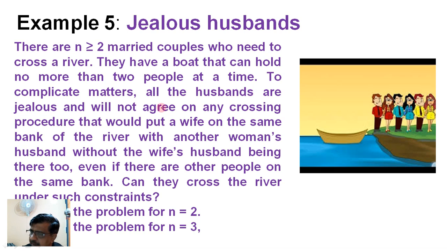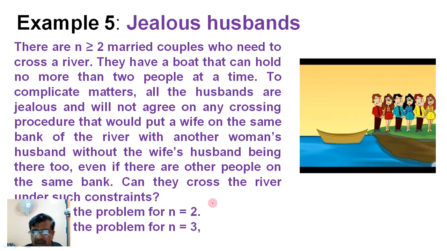To complicate matters, all the husbands are jealous and will not agree on any crossing procedure that would put a wife on the same bank of the river with another woman's husband without the wife's husband being there too, even if there are other people on the same bank. Can they cross the river under such constraints?